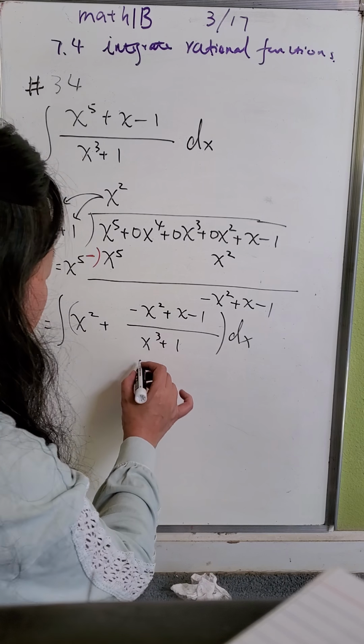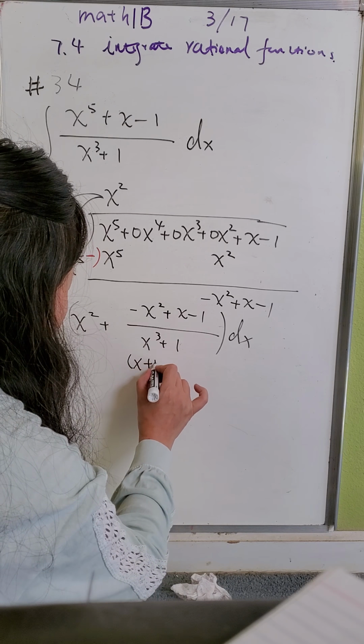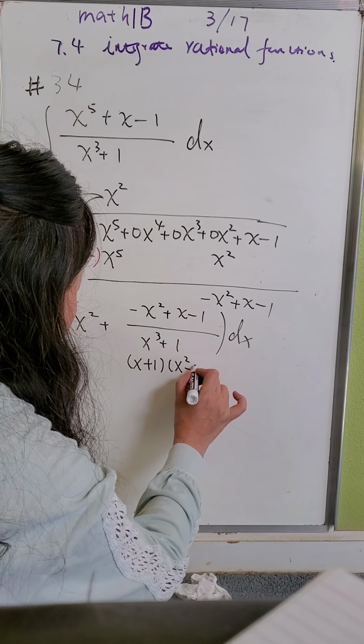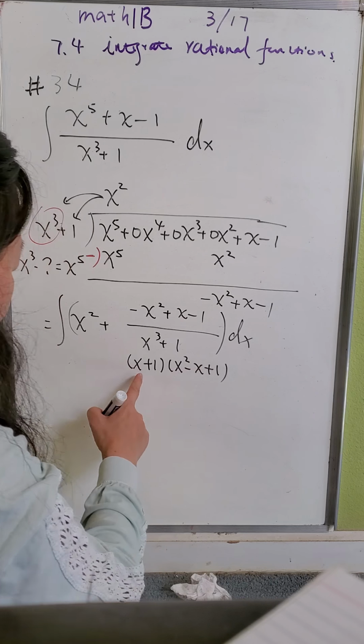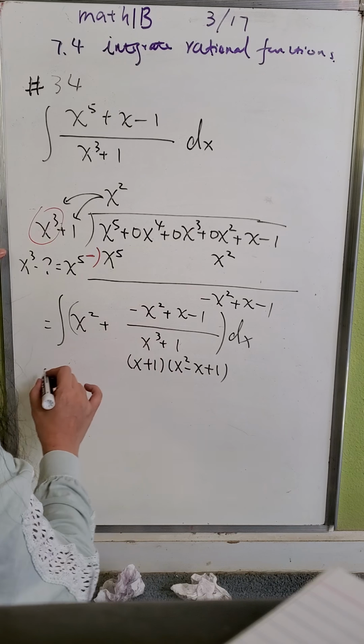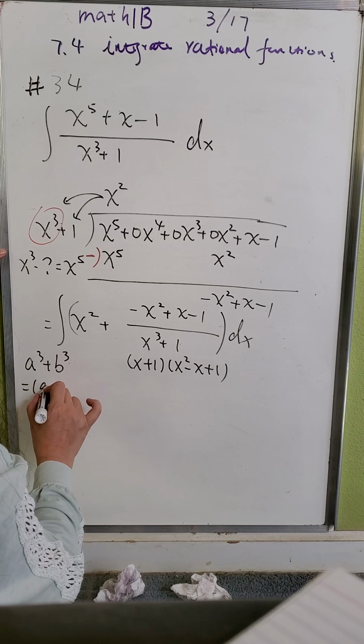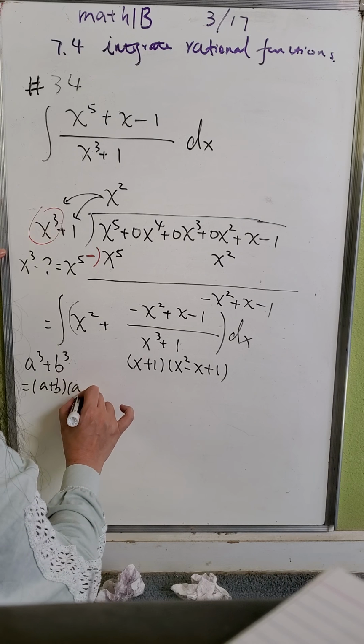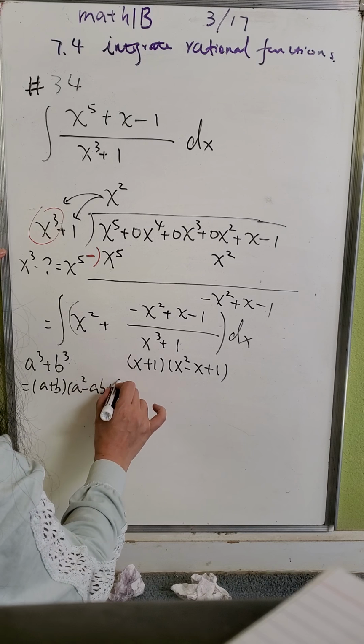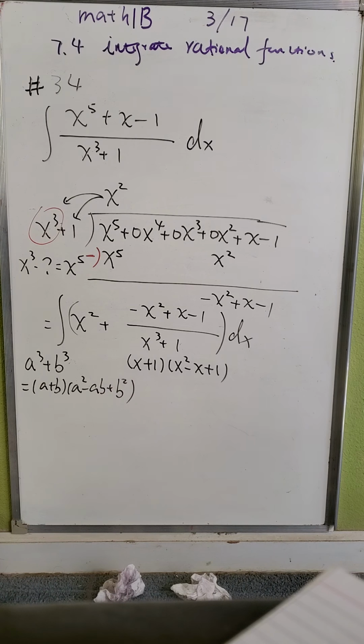Factor this one first. This is x plus 1 times x squared minus x plus 1. That's by the cube formula: a cubed plus b cubed equals a plus b times a squared minus ab plus b squared. That's the formula I use.